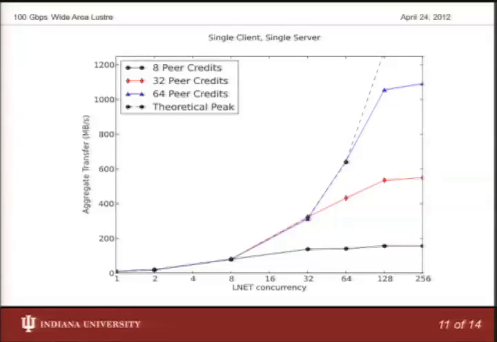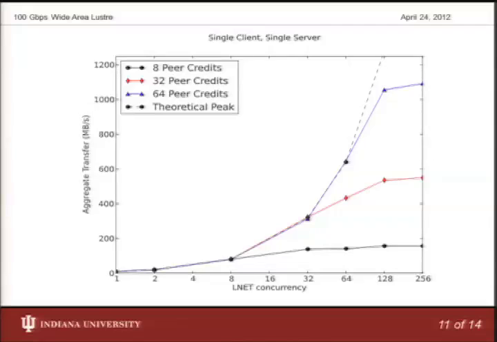So what you see here is that for a variety of settings in peer credits, we're looking at basically the number of RPCs. So we did LNet self-test, and roughly speaking, the LNet concurrency is equivalent to the number of RPCs in flight. And so for the black line here, which is 8 peer credits, you see that past 8 RPCs in flight, your throughput basically levels off.